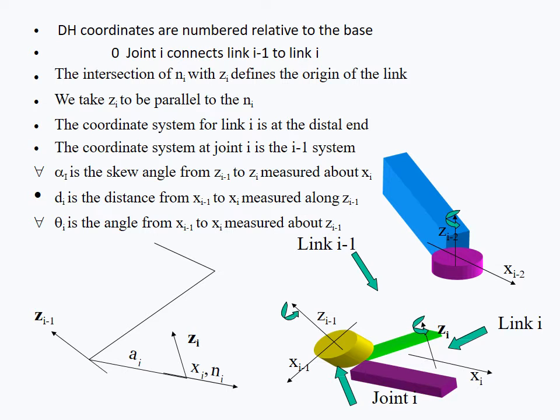That means if we have 4 links, there will be 3 joints available. That defines the DH parameter values. We have different links, joints, and links in the coordinate values. These are the steps to find the DH parameters or DH coordinates for forward kinematics.